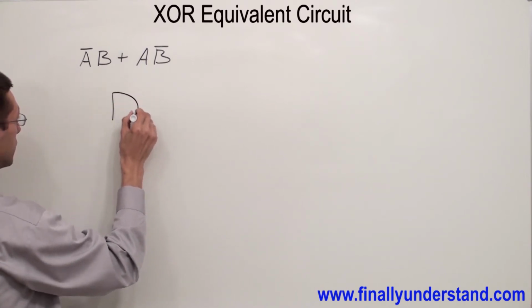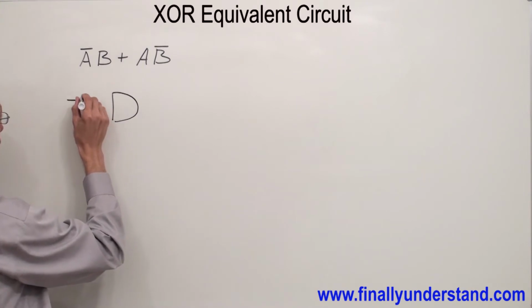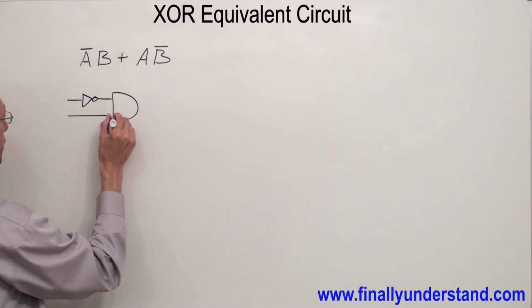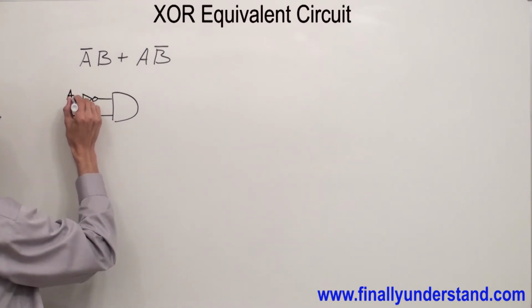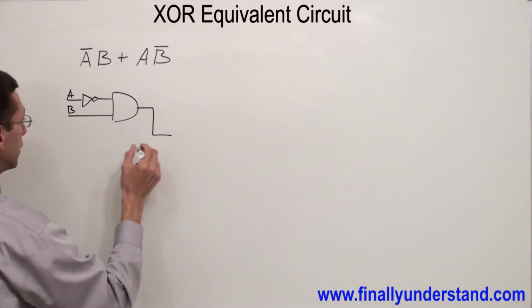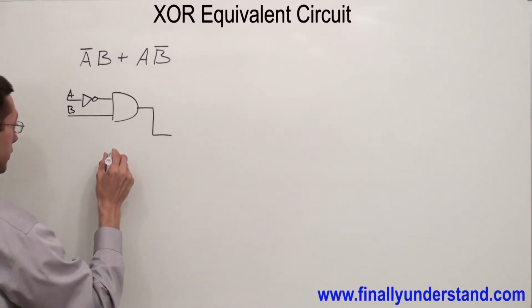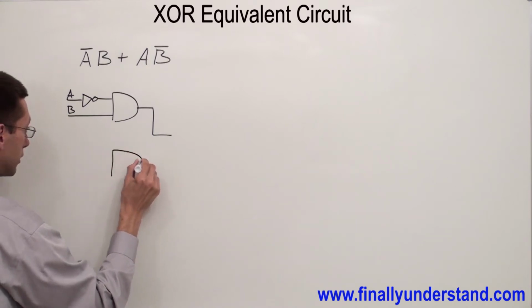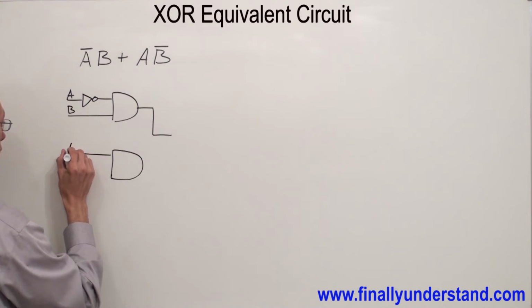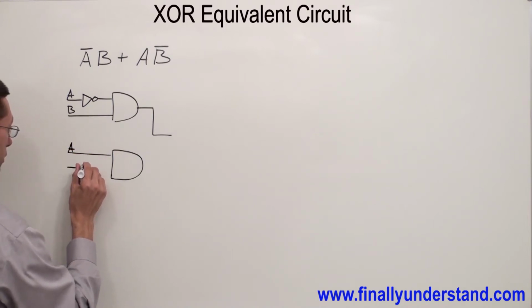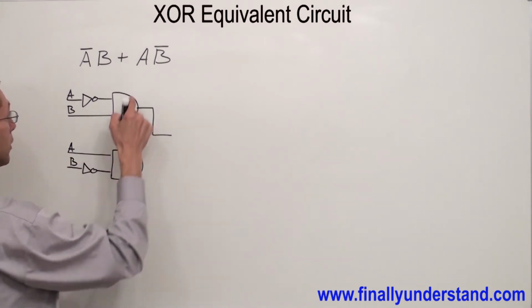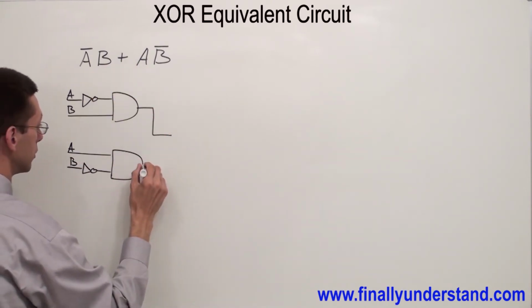I have an AND gate with A inverted, and I have B. So this is A, B. The second AND gate goes with A and B not. Both of them are ORed together.